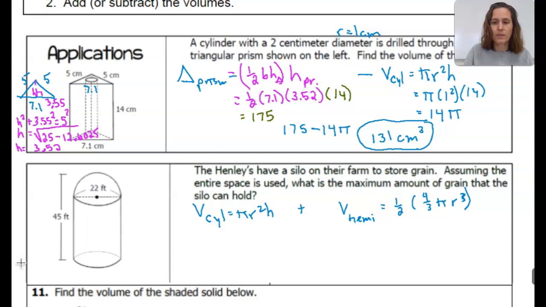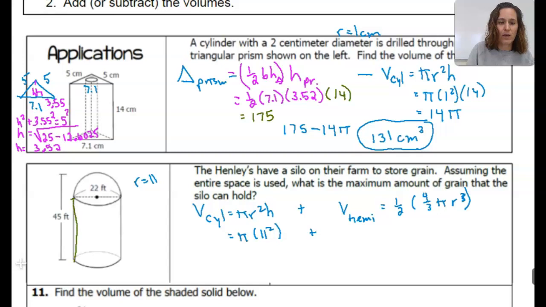In the cylinder, we would have pi, and then if our diameter is 22, that means our radius is 11. It would be pi times 11 squared times h, which is something that we don't know yet, because the height of 45 represents the hemisphere and the cylinder. So we need to figure out just the cylinder.